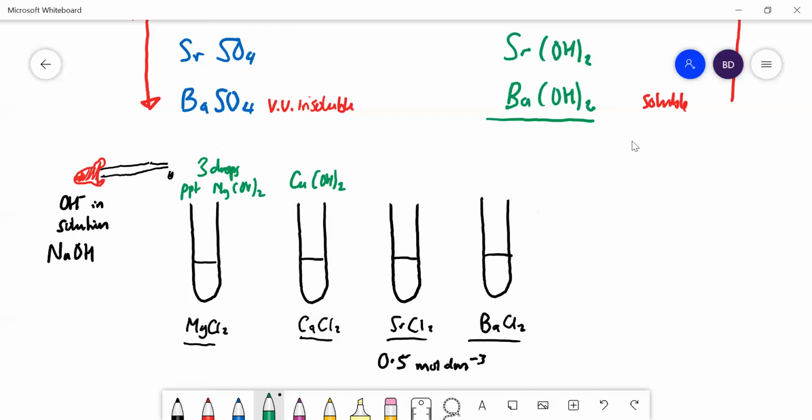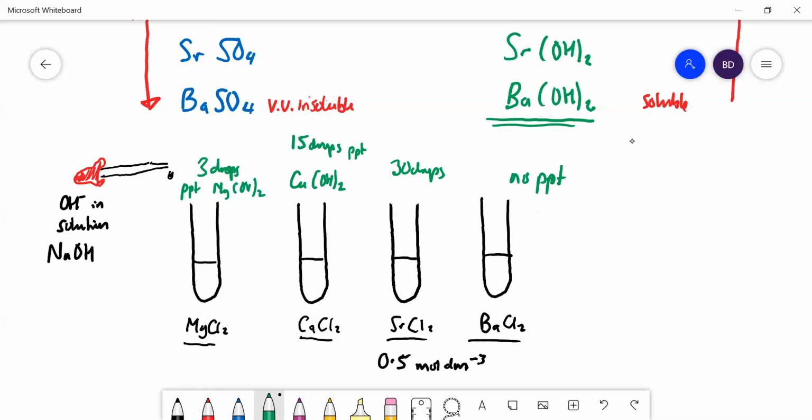You might have to add, say, 15 drops of sodium hydroxide before you got a precipitate of calcium hydroxide, until you exceeded its solubility. With the strontium you might be able to add 30 drops or something like that, and then with the barium you can carry on adding it with no precipitate, because barium hydroxide is pretty soluble. So it's a good demonstration of the change in solubilities as you go down group 2.